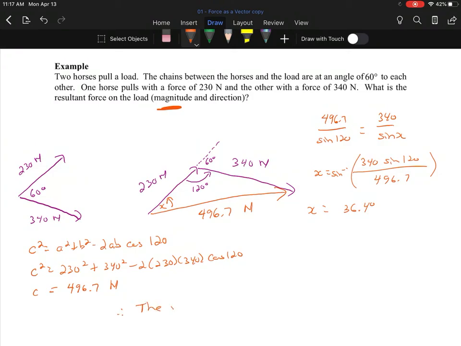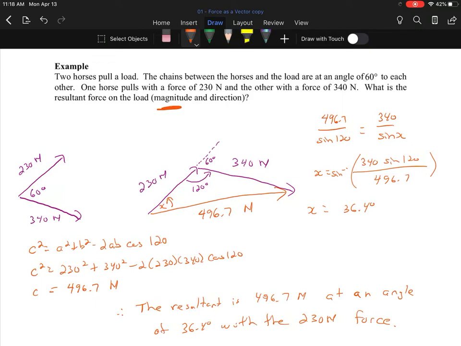So my final statement is, therefore, the resultant is 496.7 newtons at an angle of 36.4 degrees with the 230 Newton force.